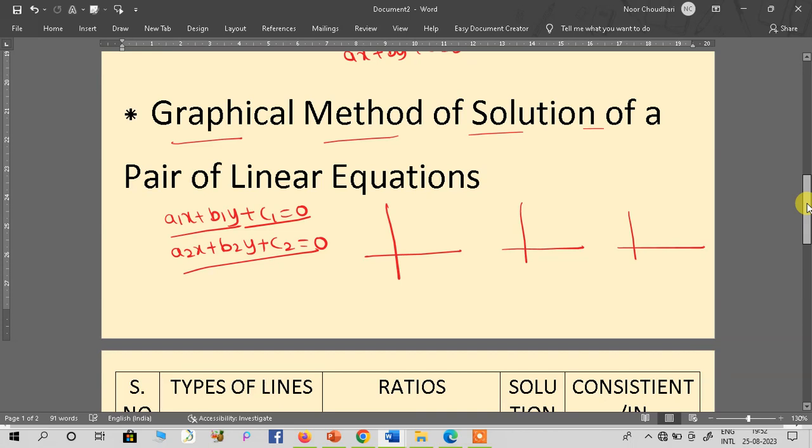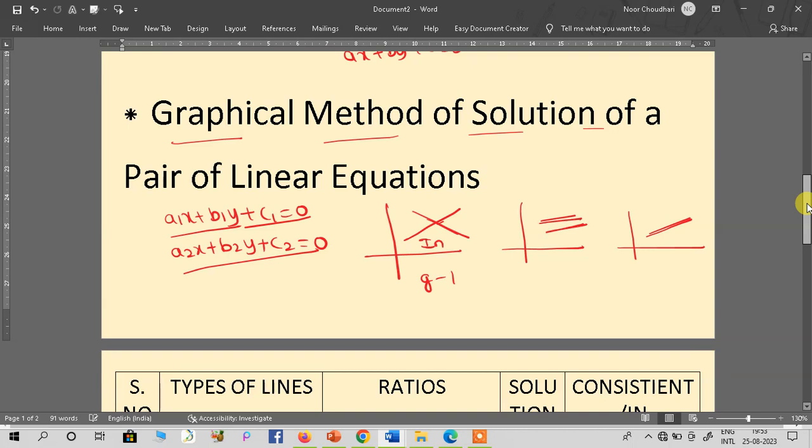since it is a linear equation, it gives linear lines in the graph. I am taking two linear equations and putting them in a graph. One type of graph comes like this, the second graph comes like this, the third graph comes like this. If the first graph comes like this, we say these are intersecting lines.